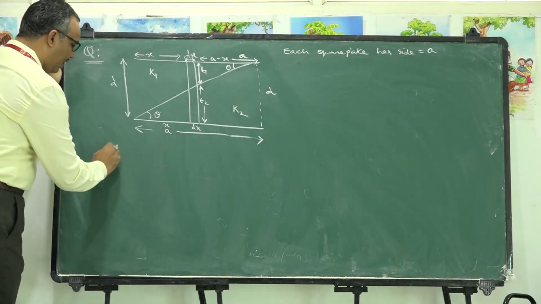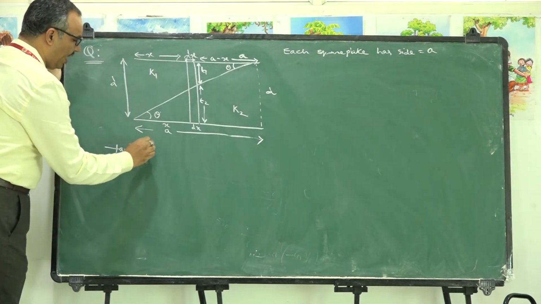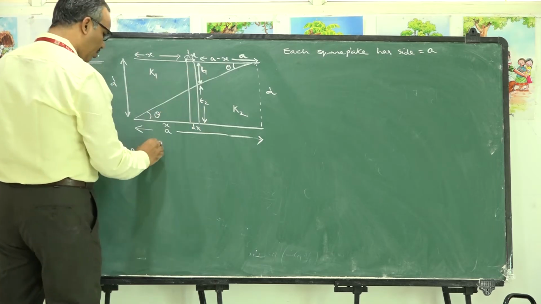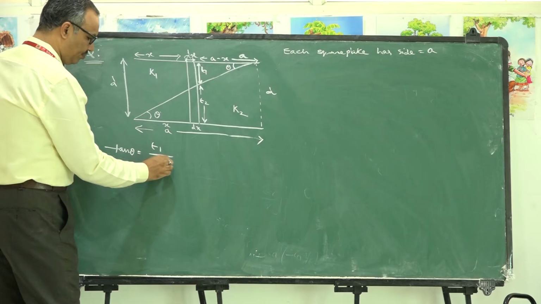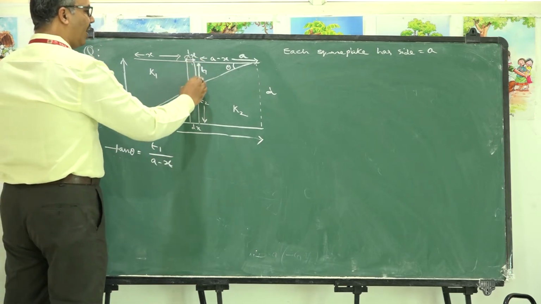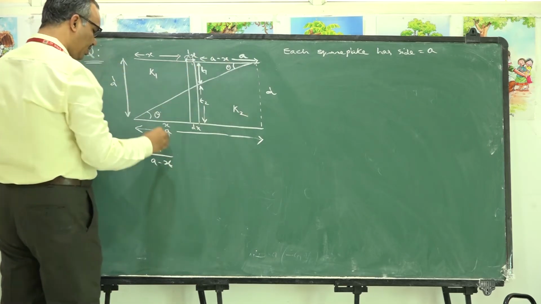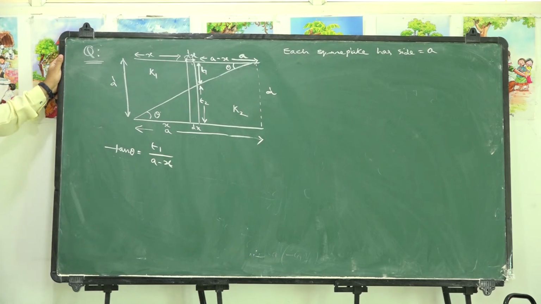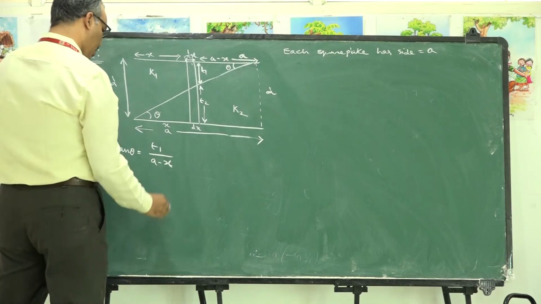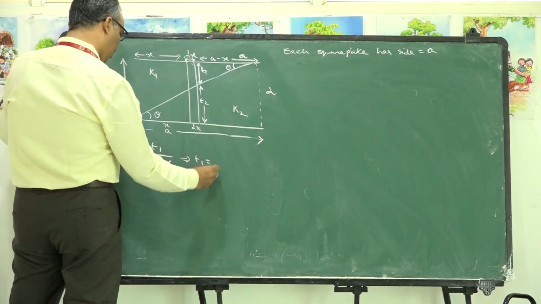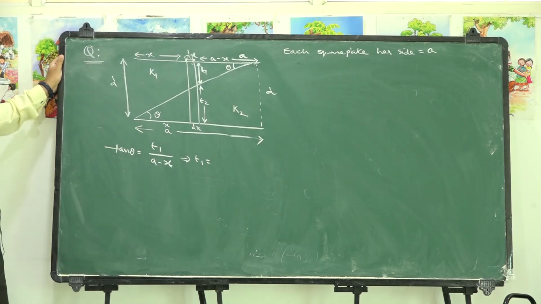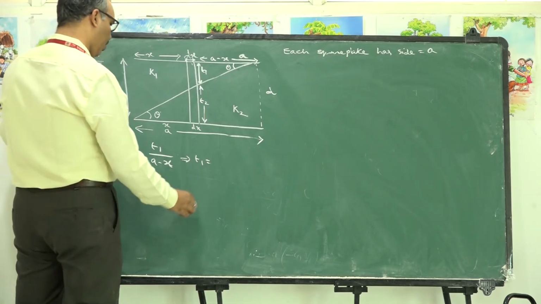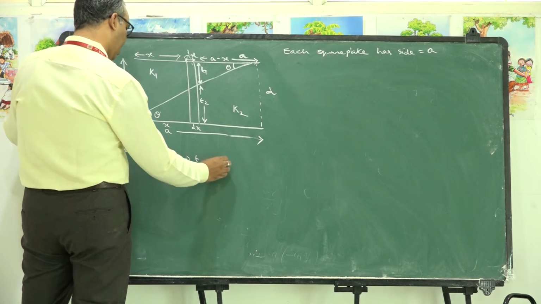So tan theta is equal to opposite side T1 by the separation A minus x. From this triangle, tan theta is equal to opposite side by adjacent side. Similarly, T1 is equal to A minus x tan theta.